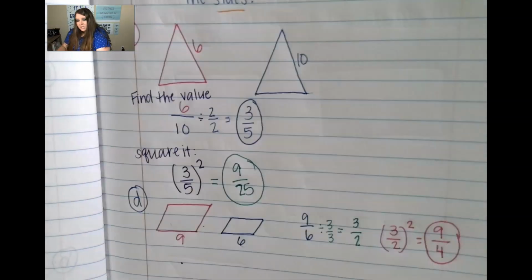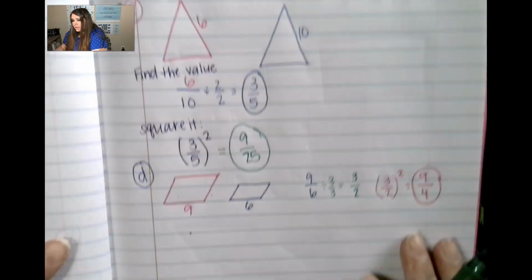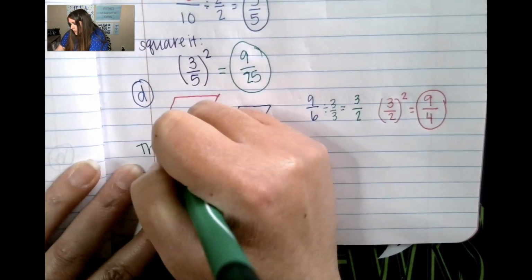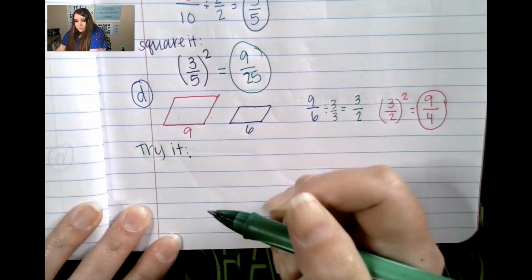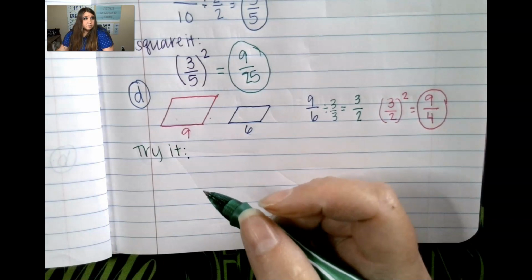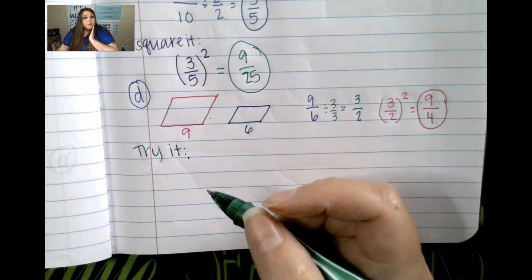All right, it is your turn now for a try-it. We're going to do 2 try-its. The first one, I want you to find the value of the perimeter.